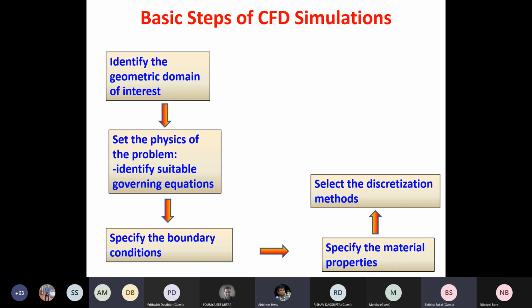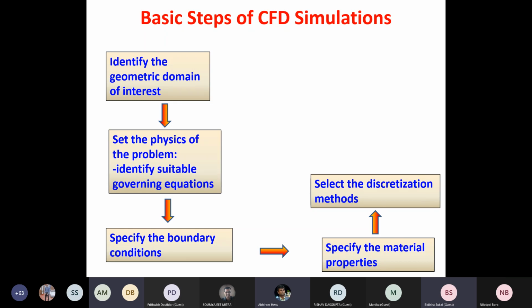Then select the discretization methods. After specifying the material, you have to select the discretization method. Discretization applies to the governing equation you have chosen, so you apply either the finite volume method or the finite difference method. What method would you like to use to solve? You need to identify that in general, but in software the solver is mostly written for a particular method.